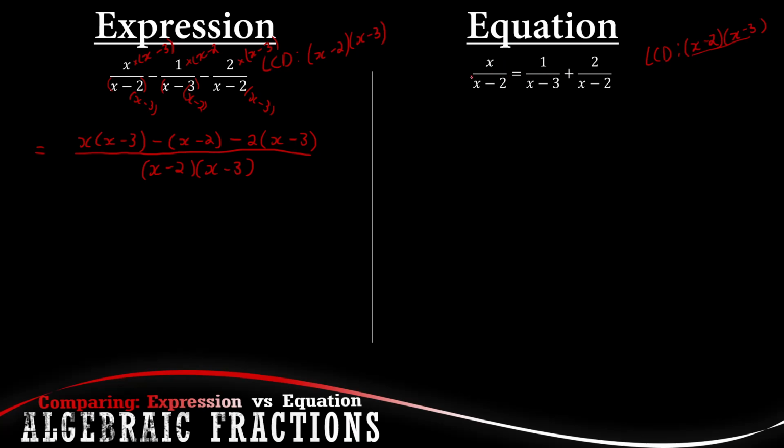Okay, so we know this one just needs x minus 3 top and bottom. This one needs x minus 2, like we saw in the previous one, and this one needs x minus 3.